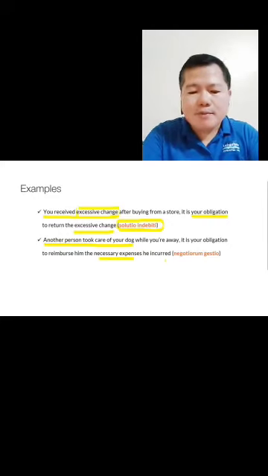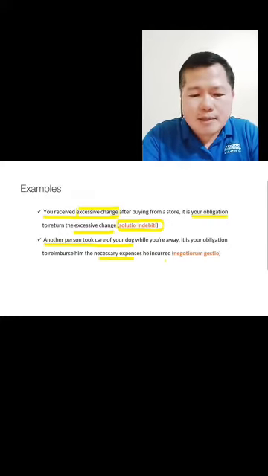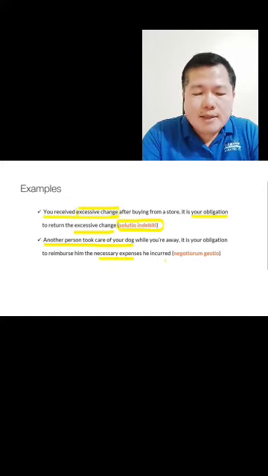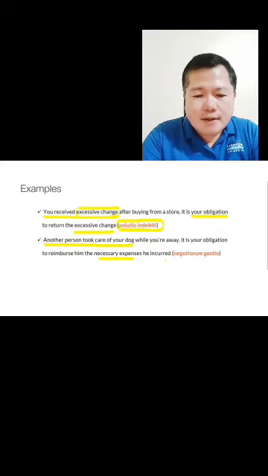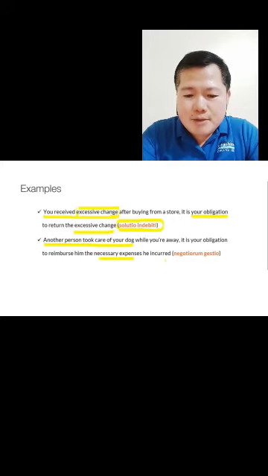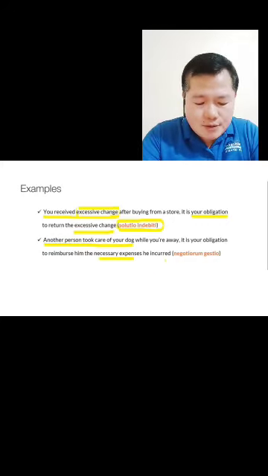So pag pinapakain mo yung aso, kahit walang permiso ng may-ari, of course you have incurred expenses, or gumastos ka. So pagbalik ng owner, you are entitled to receive the reimbursement of the expenses which you have incurred. Kahit walang permiso. That is under the quasi-contract, and it belongs to negotiorum gestio.